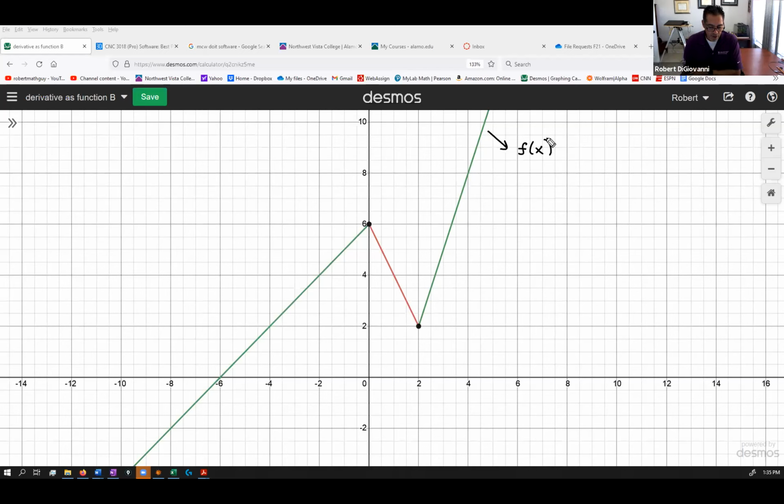Okay, so let's start by moving from left to right. As we move from left to right, we're going up, up, up, right? So I should expect that my derivative lives where? Above the x-axis. Positive. But more than that, it's a straight line, right? So that means that the slope of the tangent line is always constant. Can you tell what the slope of this green line is? 1. You can tell by rise over run, right?